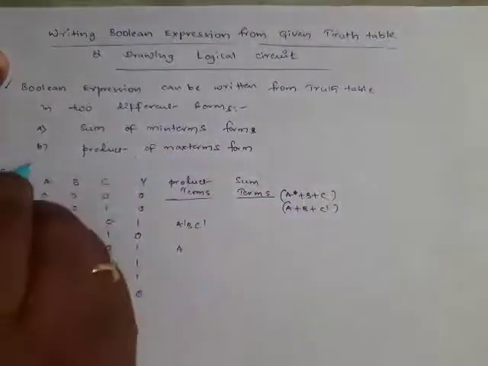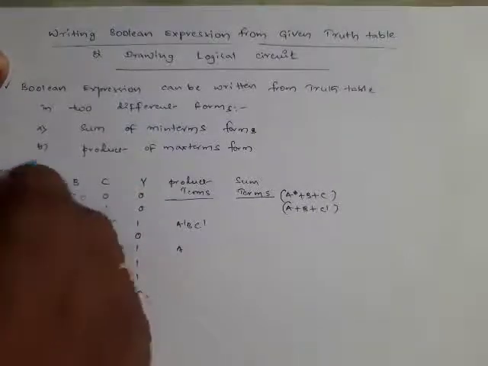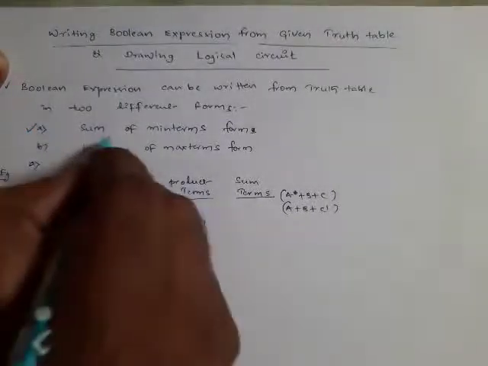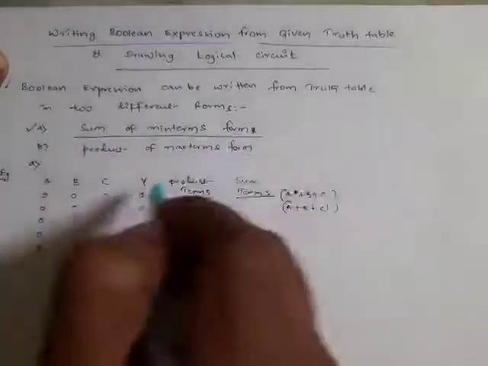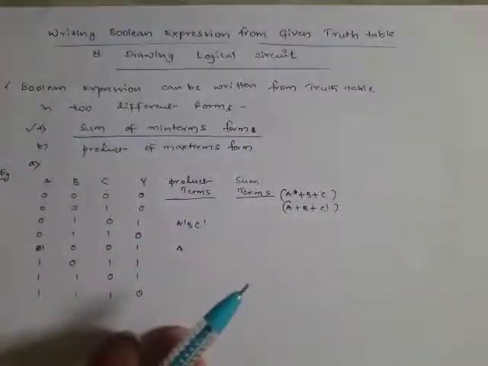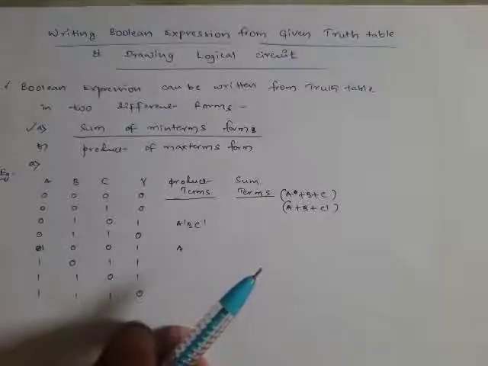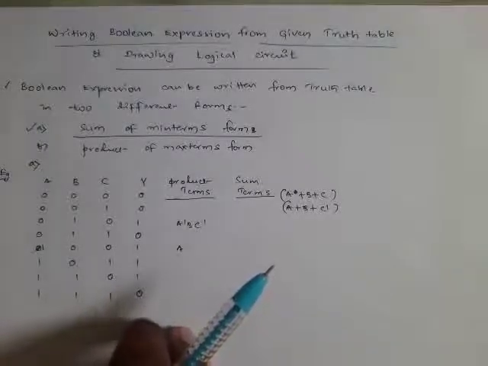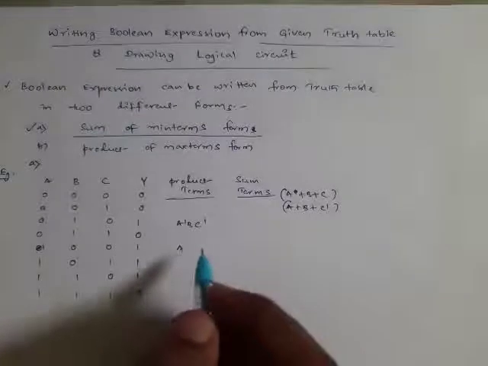First we look at how to write a Boolean expression from a given truth table in sum of minterms form or sum of product terms form.